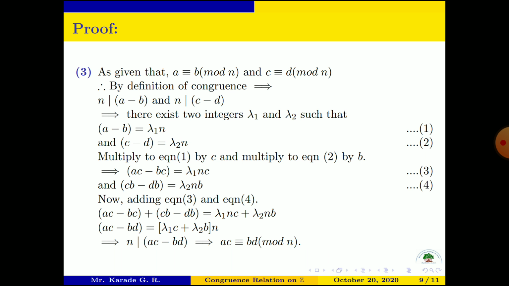This says that n divides the difference ac minus bd, and this implies that ac is congruent to bd mod n.